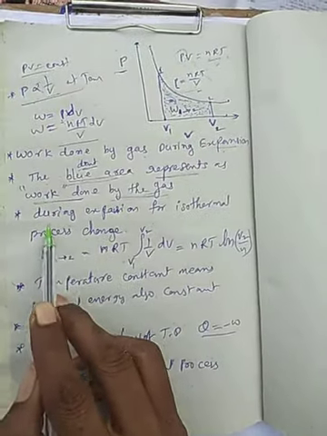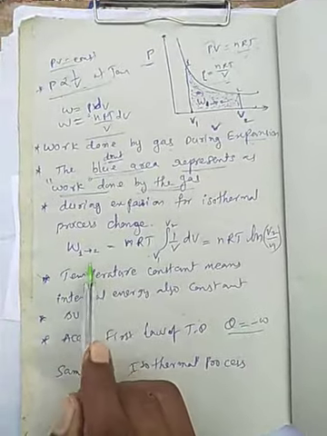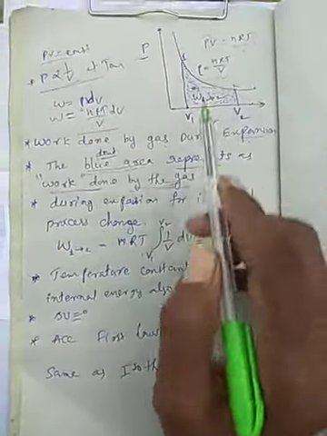Now during the expansion of an isothermal process, what change happens in this diagram?